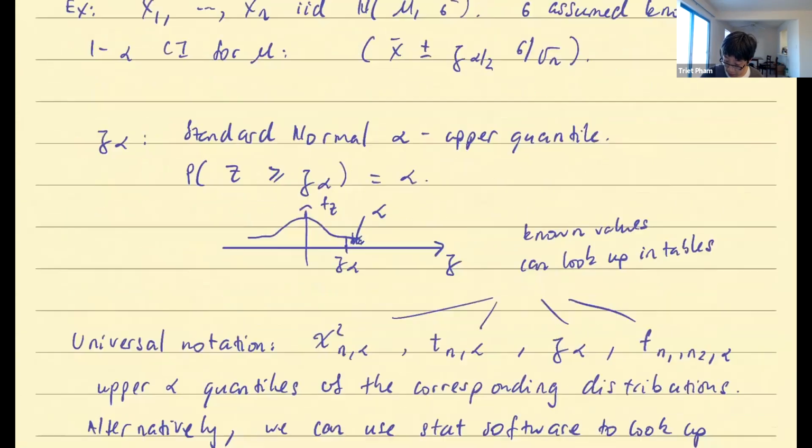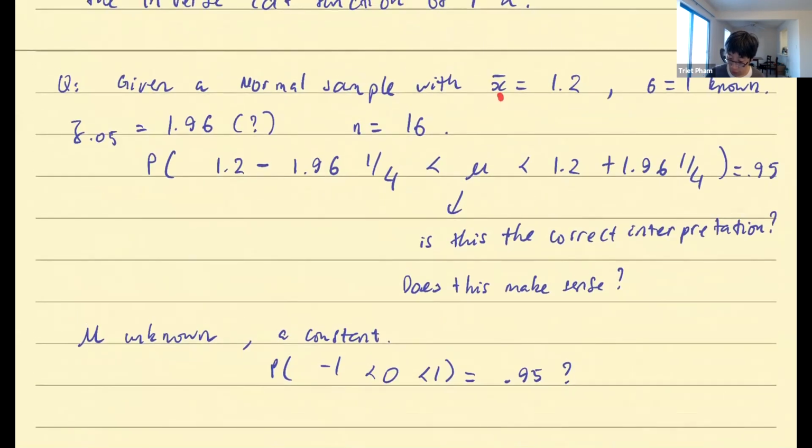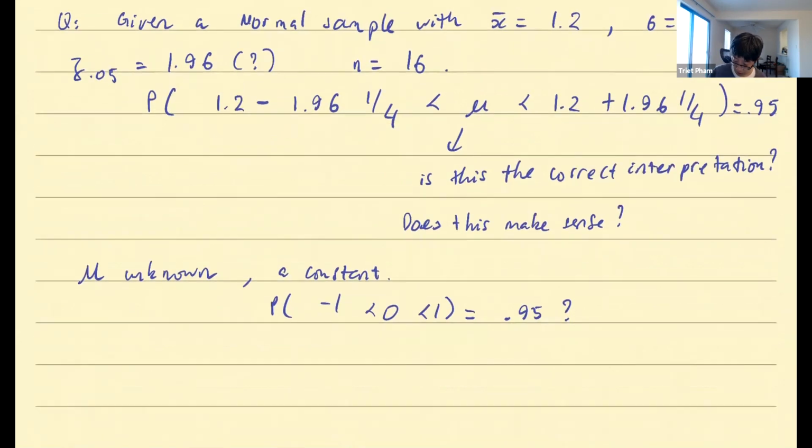So what that means is before you form the sample, you have 95% that the confidence interval you will form will contain the true mu. After you form it, then either mu is in it or not. So the above statement is a wrong interpretation, or does not make sense.